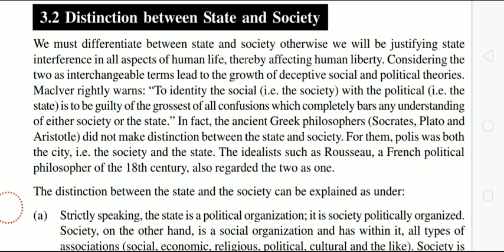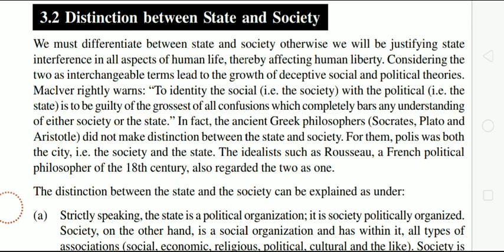MacIver rightly says, to identify the social, that is the society, with the political, that is the state, is to be guilty of the grossest of all confusion, which completely bars any understanding of either society or the state.